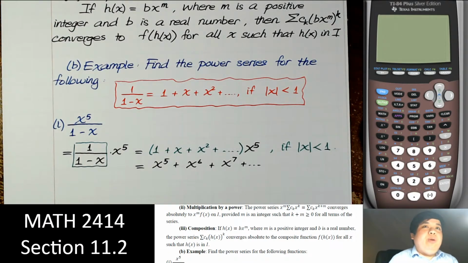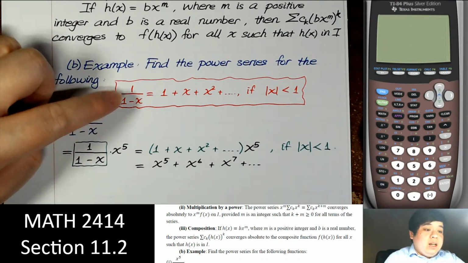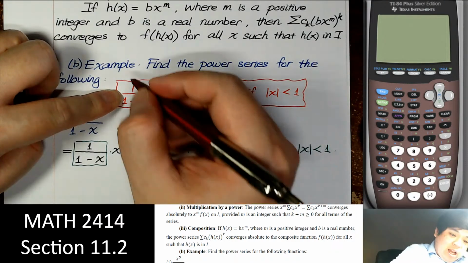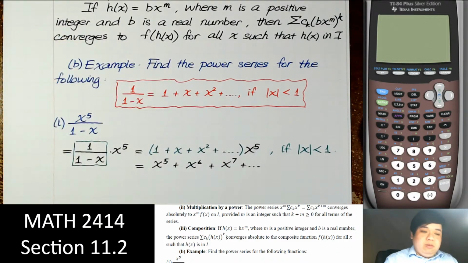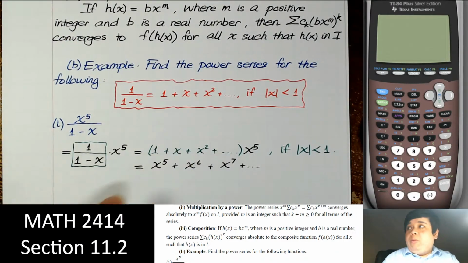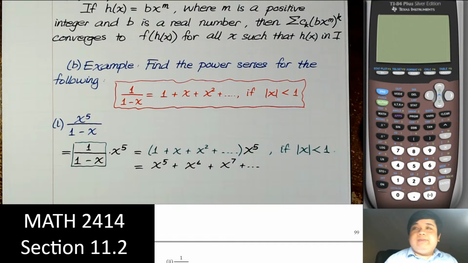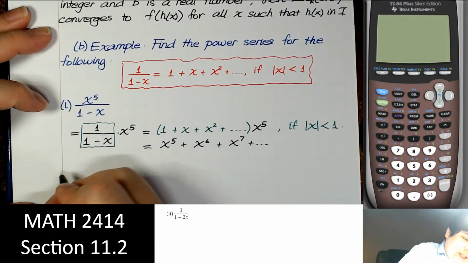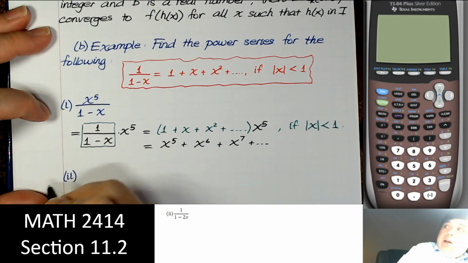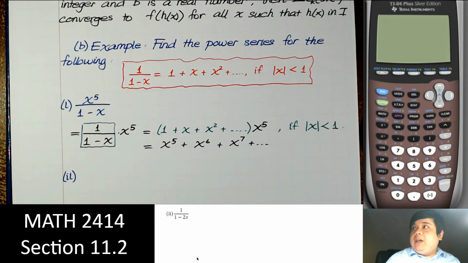So simple enough, right? You realize that 1 over 1 minus x is the geometric series, which equals the sum of all the powers of x. Next, by the way, I will change the problem here.